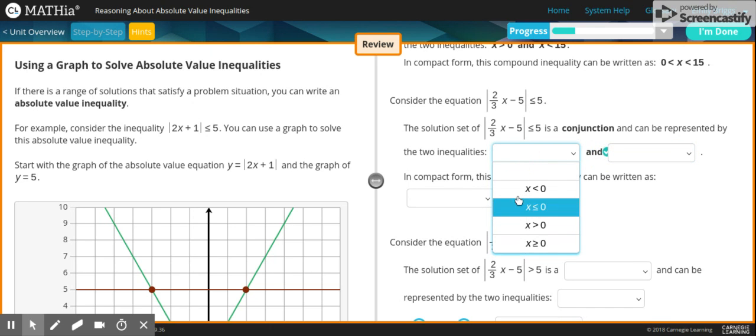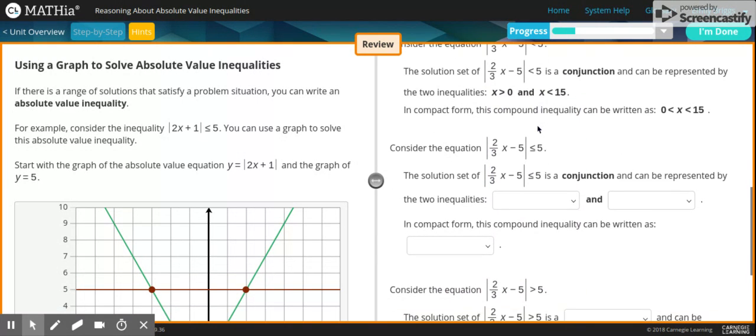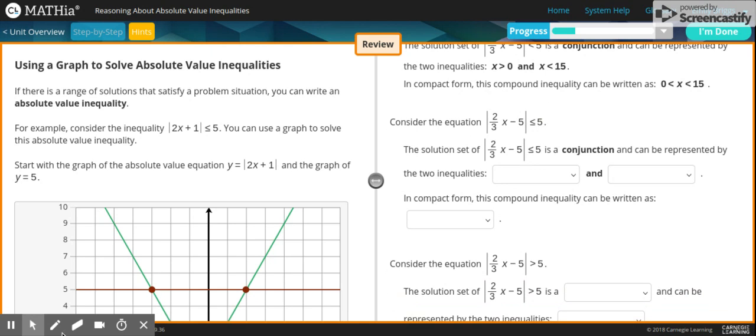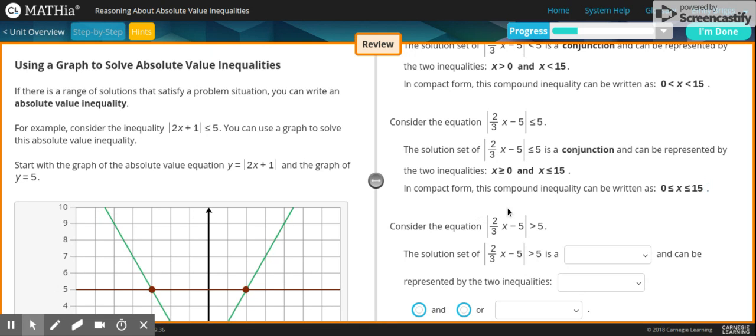Then they give you the same options as they did before up here. So in compact form, it can be represented by x is less than or equal to 0, and x is greater than or equal to, or 15 is greater than or equal to x.